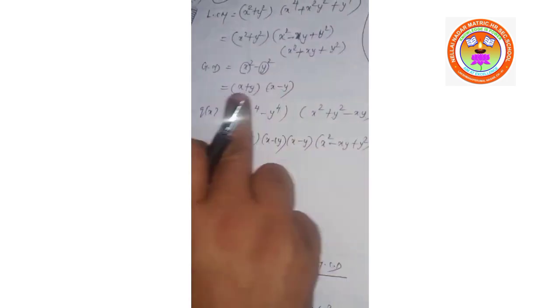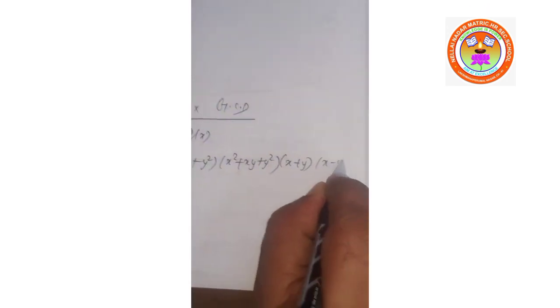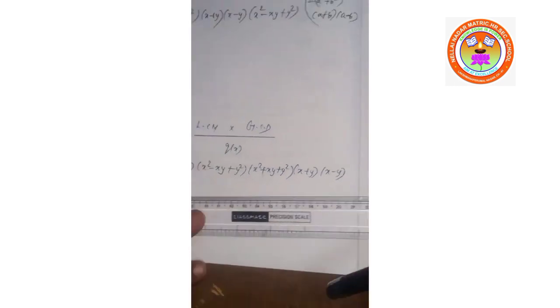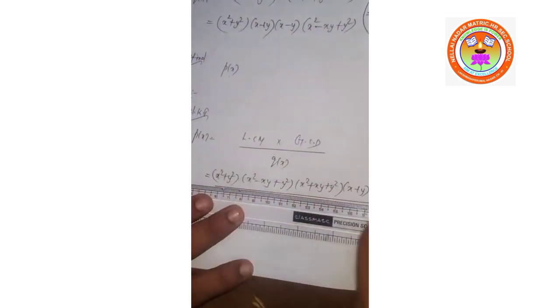GCD, here it is, x plus y into x minus y, x plus y into x minus y, divided by Q of x, here it is, x square minus xy plus y square.